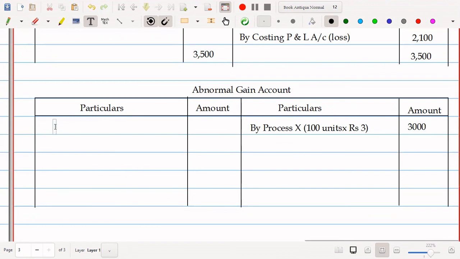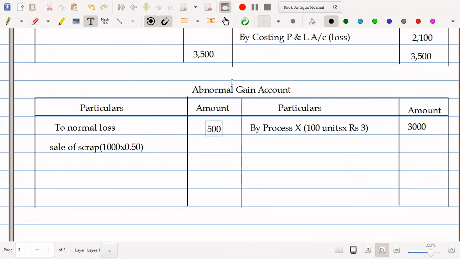But if it is considered as a normal loss, it would have been sold as scrap at 1,000 into 50 paise. If it was an abnormal loss, we would have sold it as scrap at 50 paise, then we would have recovered only 500 rupees.